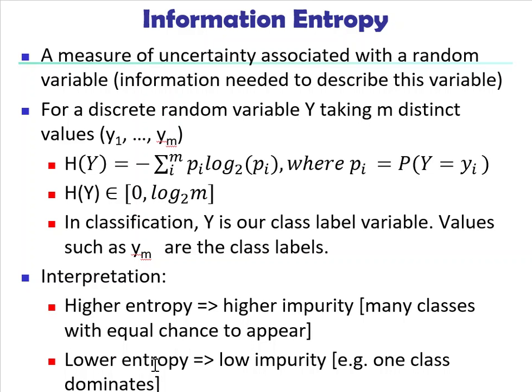When you have low entropy, which means low impurity, that also means low uncertainty, meaning high certainty, so one class dominates the distribution. Okay, so this is information entropy. Next, we're going to talk about conditional entropy.